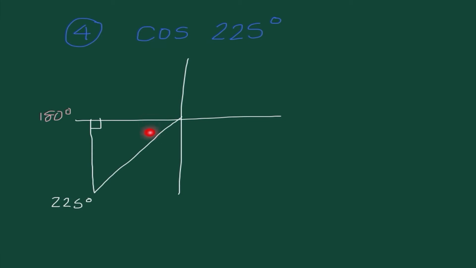So to figure out this value, I'm going to take 225 and subtract 180, and I get 45 degrees. And a little hint to you guys, we should always end up getting either 30, 45, or 60, and if not, you probably did something wrong, because otherwise it's not one of our special triangles.